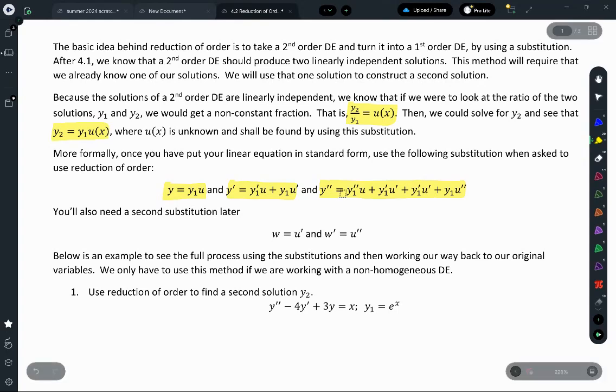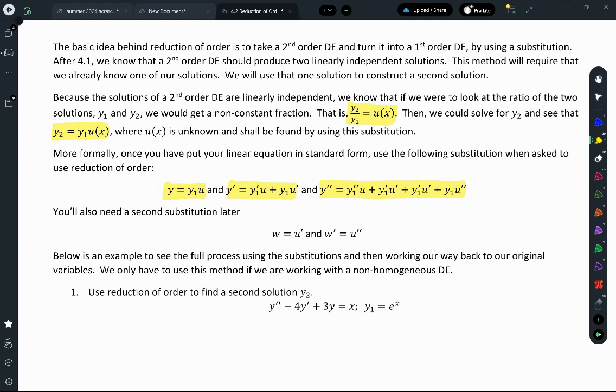In theory, you might think we just memorize these y prime and y double prime forms, but in reality, we just take derivatives. Once we have found y prime and y double prime, we will substitute them into the differential equation. We will reorganize everything, clean up, and combine like terms.